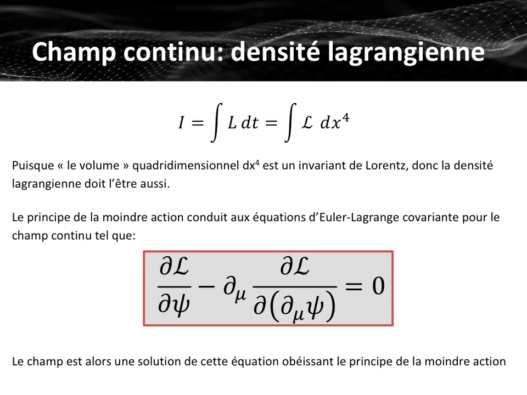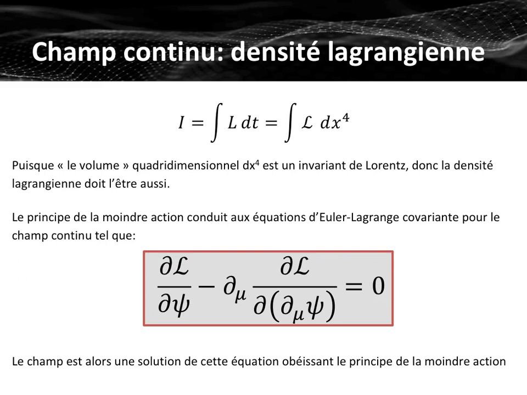Why? Because it's like the space-time interval. The space-time interval is somehow a 4-dimensional length. It's invariant of Lorentz. And so the Lagrangian density should also be invariant. Why? Because the action should be invariant. So the action should not be different between two inertial references.